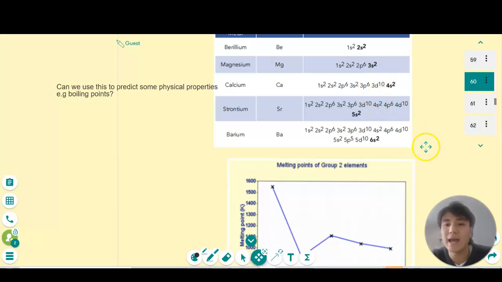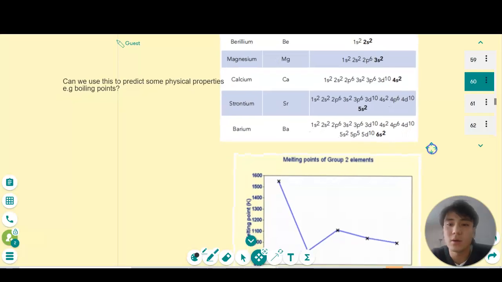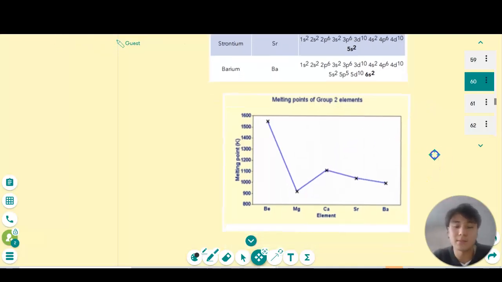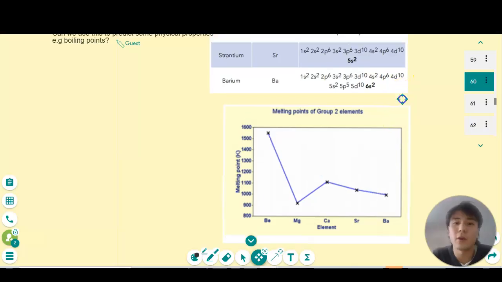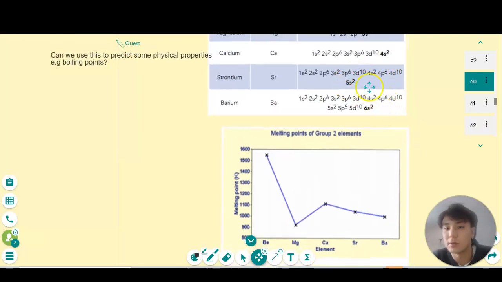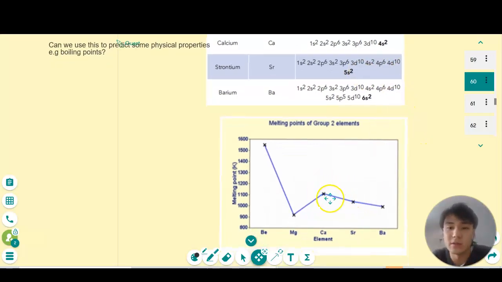So these extra 10 electrons, which were not existent here but now exist here, strengthen the intermolecular bonds between atoms and therefore increase the boiling point of calcium. And then the following elements, strontium and barium, also have this 3d10 orbital and 4d10. So now the trend continues as the same number of orbitals are now present.